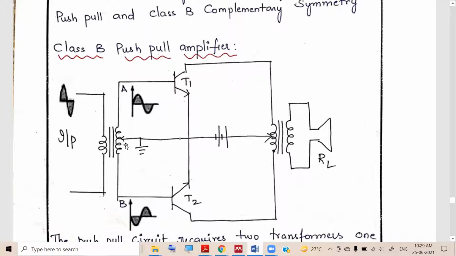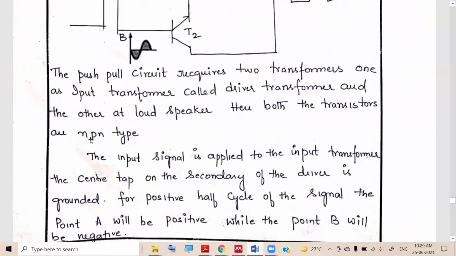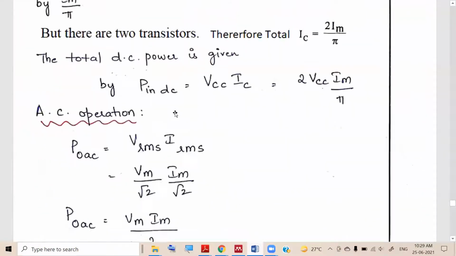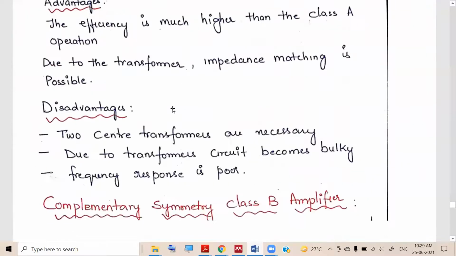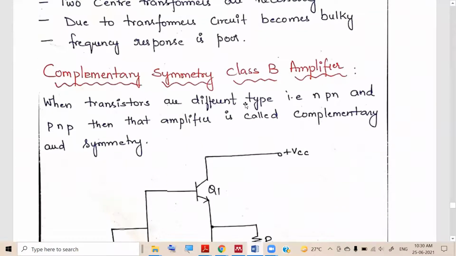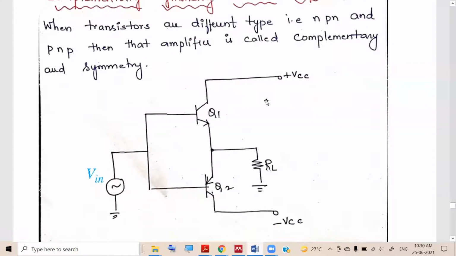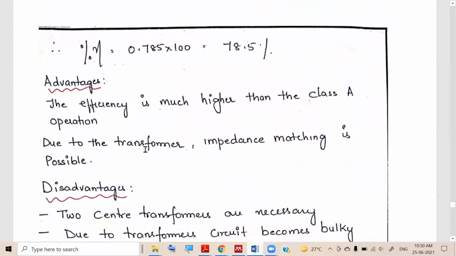Based on that idea, we have the second category of class B amplifier, which is the complementary symmetry class B amplifier. The main advantage is that we are avoiding the bulky center tap transformers. So what happens here? We are not inverting the signal.